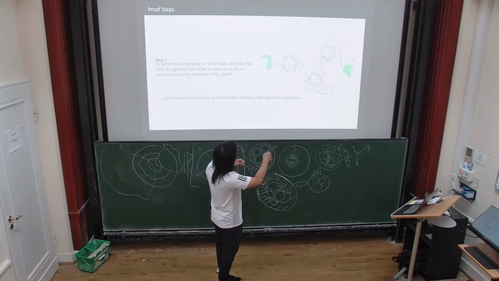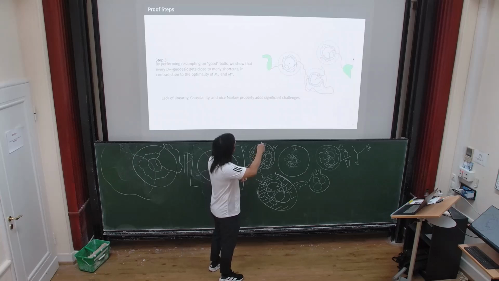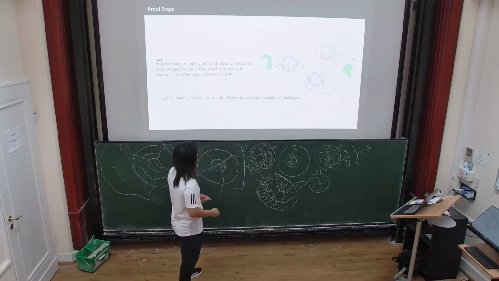We also require that these brown things are shortcuts. Therefore, if this light blue one denotes the new geodesic after resampling, the new geodesic must go close to many of these shortcuts. So by this resampling argument, we can show that every geodesic gets close to many shortcuts.